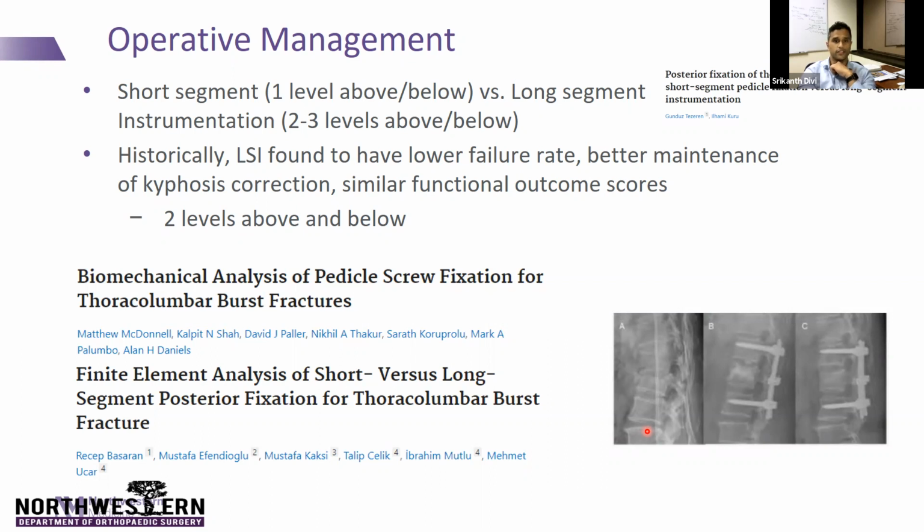If it's the mid lumbar spine, you want to try to preserve levels, then I think it'd be reasonable to do one above and below as long as you have good fixation. Historically, we've always done two above and below. And for people with stiff spines like ankylosing spondylitis or DISH, we consider three above and three below, because it's that much harder to keep that stiff spine rigid to get a union.